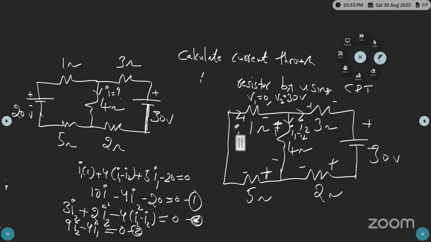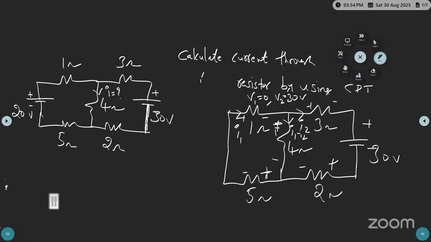Here also we will get two equations. Write down the two equations. Ten I1 minus 4 I2 is equal to 0.